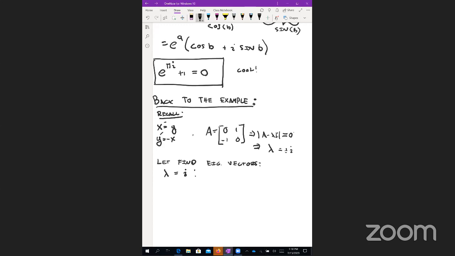So we've got A minus i times the identity matrix times v equals 0. And we can go through and write down the augmented system. So we have minus i, 1, minus 1, minus i.